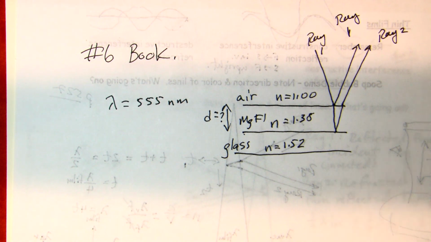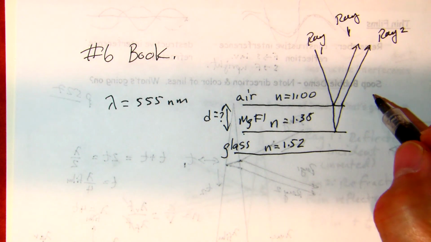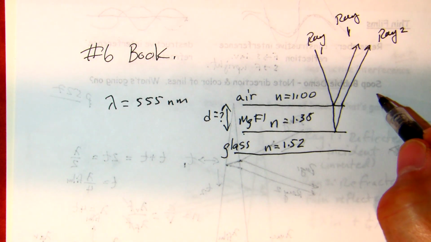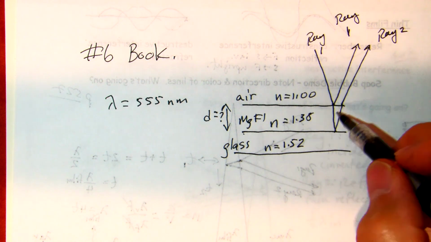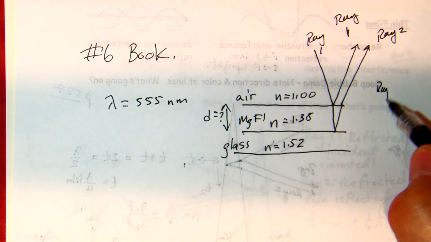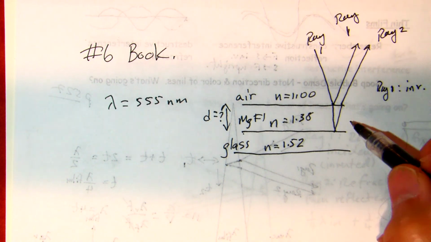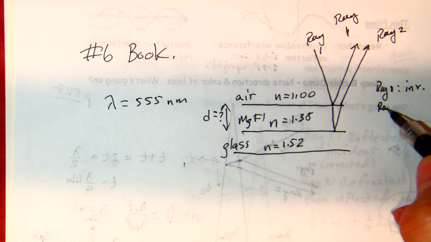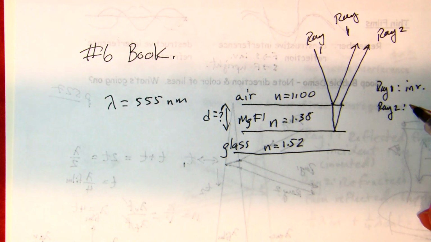Okay, here's the other fun thing about this problem. In this case, we're going from air to magnesium fluoride, fast to slow. So ray 1 is inverted. Ray 2 is going from magnesium fluoride, and it's bouncing off then of glass. That's also going from fast to slow. So it too is going to be inverted.